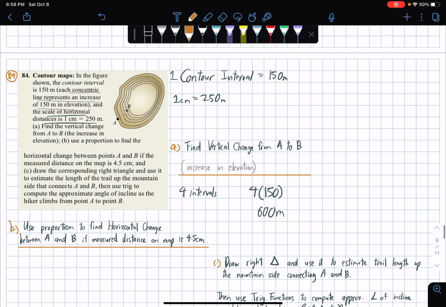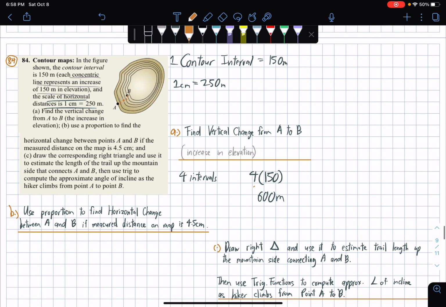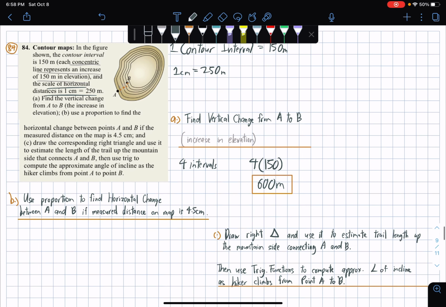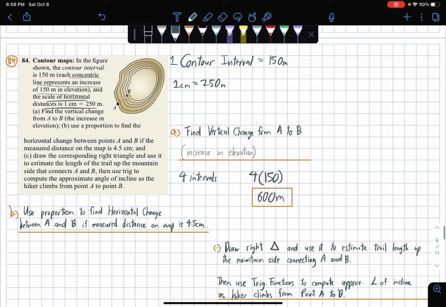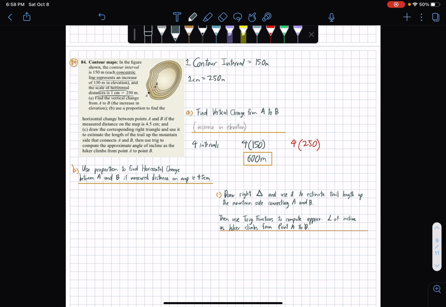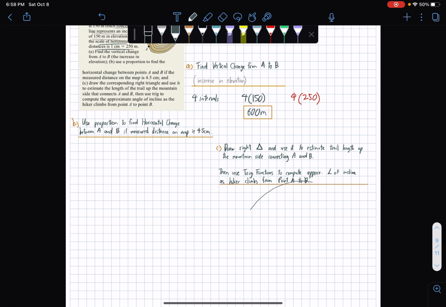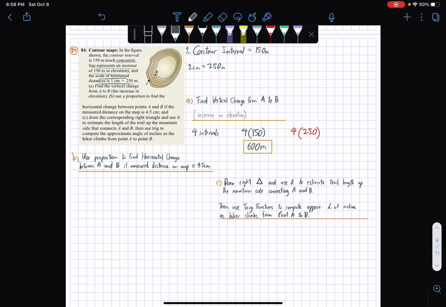I realized I might have made a mistake in the scratch paper, the actual one. But yeah, don't follow my mistake. What I initially put is 4 times 250 for the vertical change. It's supposed to be 150, and because of that, my letter C is entirely wrong.